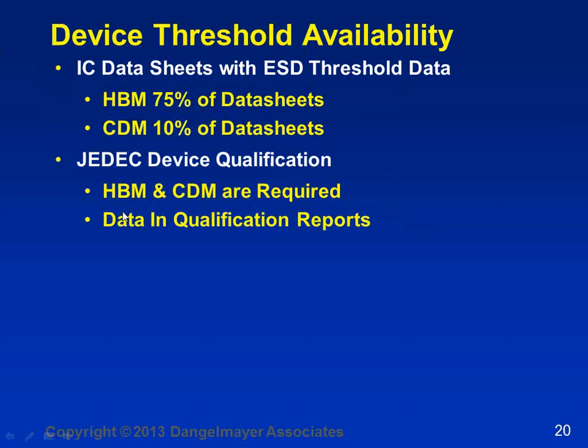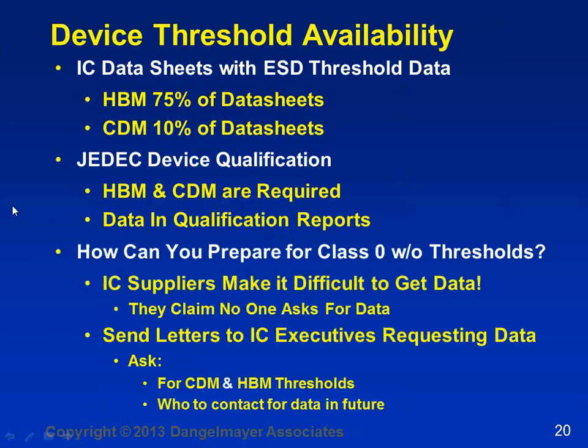Good question. So yes, this is the information that what we know exists. So one key here would be to call your IC suppliers and ask for the qualification report instead of data sheets. Can't find it in the data sheets, contact them for the qualification reports, and sometimes you'll get it that way. It is frustrating, to say the least, because the IC suppliers make it difficult to get it.